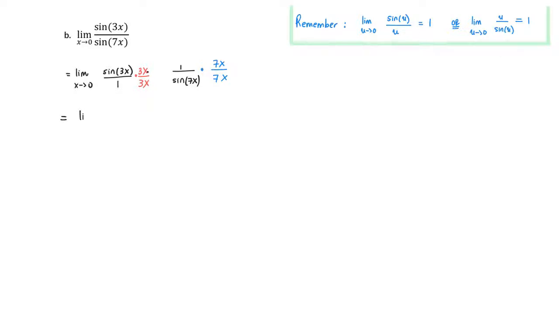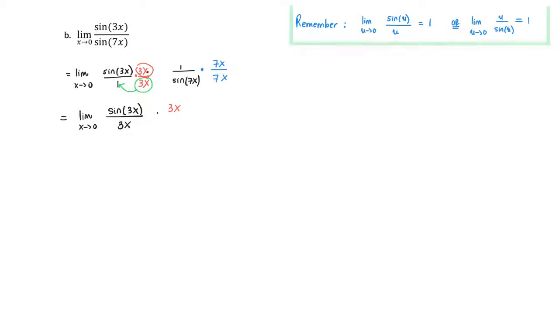I'm going to keep the limit as x goes to 0 of sine 3x divided by, and this 3x right now, I'm going to circle it in green. I want it here under sine of 3x. So I'm going to have over here 3x. Now, this 3x for now, I'm going to leave it here if you don't mind. I'm going to write it as 3x right here.